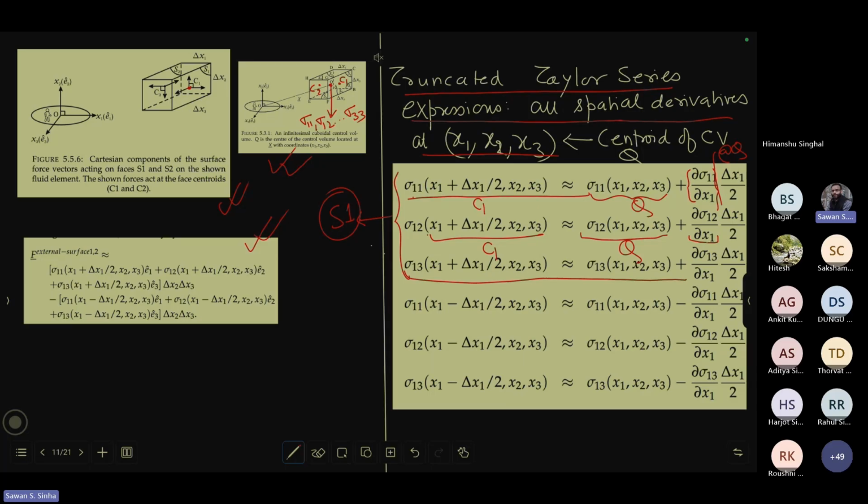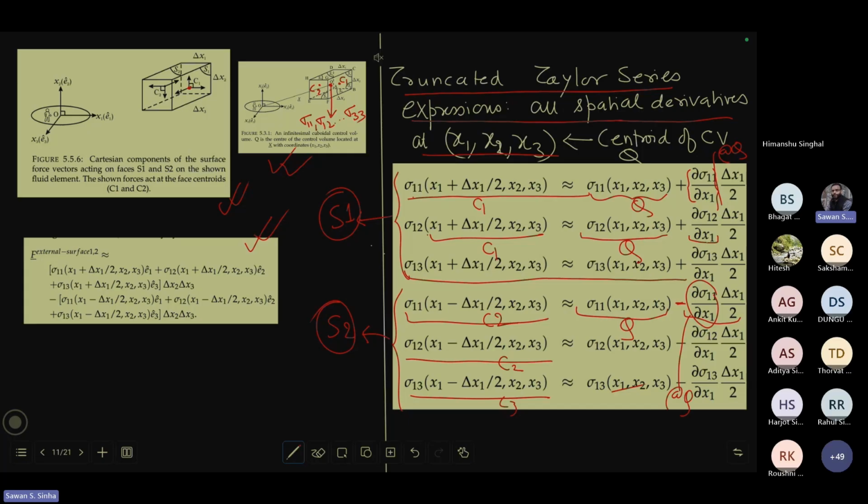And then for the S2 surface also, we can accordingly find sigma 1,1 at C2 in terms of sigma 1,1 at Q, and then this extra term where this derivative is again at Q. We get a minus sign here, and then sigma 1,2 at C2 and sigma 1,3 at C2. These expressions you obtain.